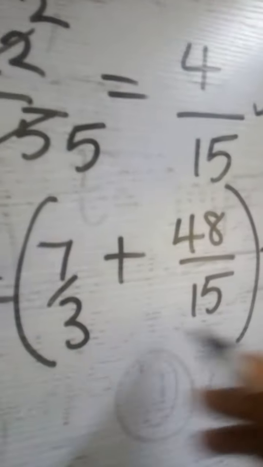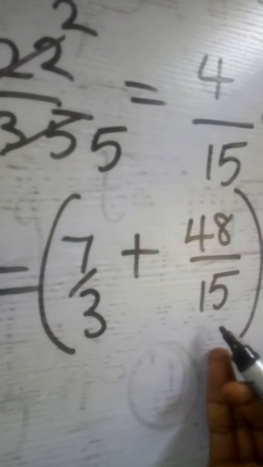Good. Then from the bracket, what is my LCM? 3 and 15. You can see 15 is a multiple of 3. So what's our LCM? 15. Very good. So 15 is here. How many 3 is in 15? That's 5. 5 times 7 will give me 35. Then how many 15 is in 15? That is 1. 1 times 48 will give me 48.